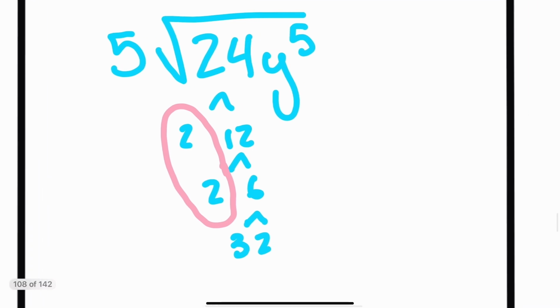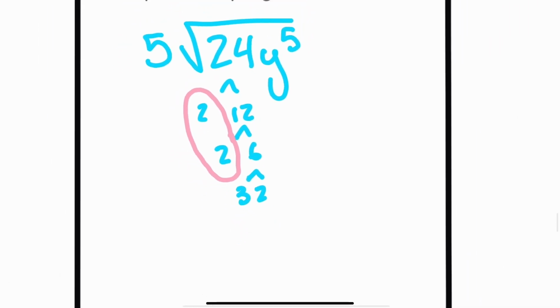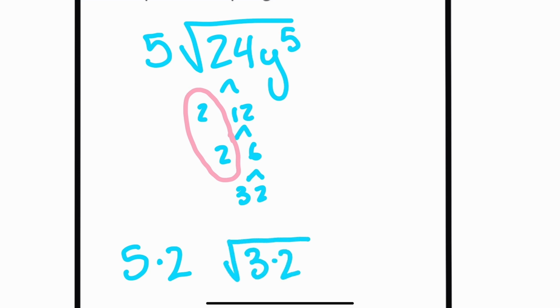So when I go to rewrite this, I know that I'm going to have my 5 on the outside. That's going to stay there, didn't go anywhere. But I'm going to put that 2 out there as well, and then we could draw our radical and keep that 3 and 2 inside of that. And before I finish this, I still need to take care of this y.